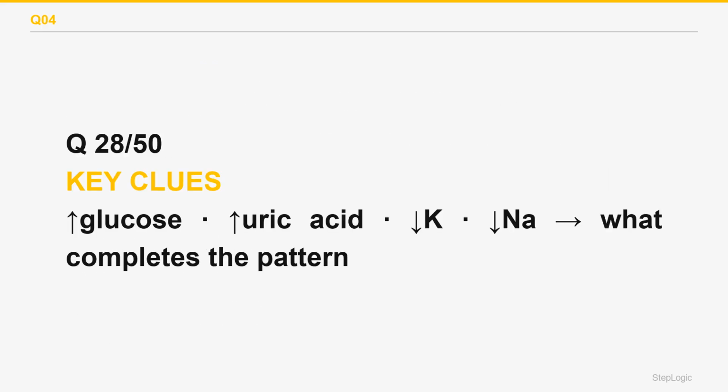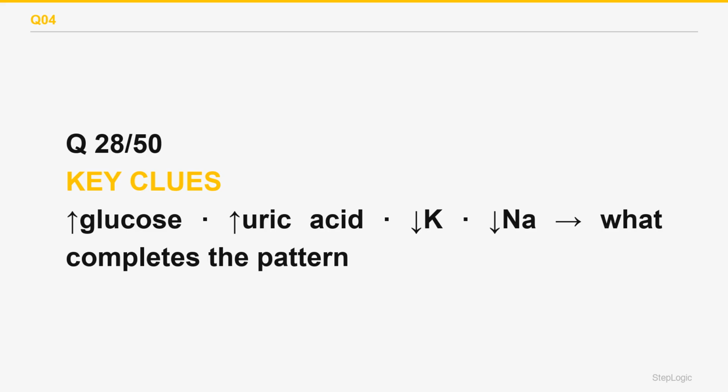The thiazide metabolic profile is summarized as hyper-GLUC: hyperglycemia, hyperlipidemia, hyperuricemia, and hypercalcemia, alongside hypokalemia, hyponatremia, and a metabolic alkalosis. Hyperlipidemia is the element missing from the stem.